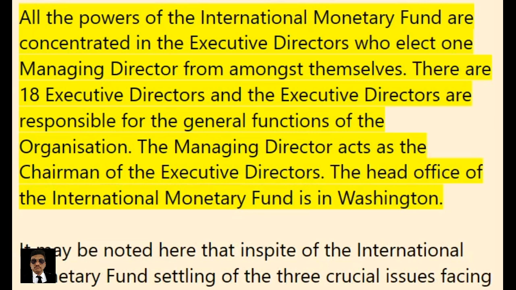There are 18 executive directors, and the executive directors are responsible for the general functions of the organization. The managing director acts as the chairman of the executive directors. The head office of the International Monetary Fund is in Washington.